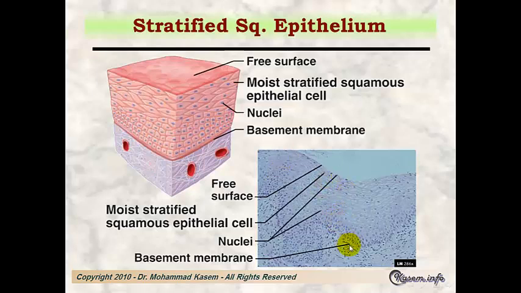The basement membrane is curved, wavy in view, and the basal cells are simple columnar cells at the base, and then it becomes cubical or cuboid, and the top layer becomes stratified squamous, the squamous type of cells on top, and maybe it has some keratin on top, and they call it stratified squamous keratinized epithelium, like that of the skin.